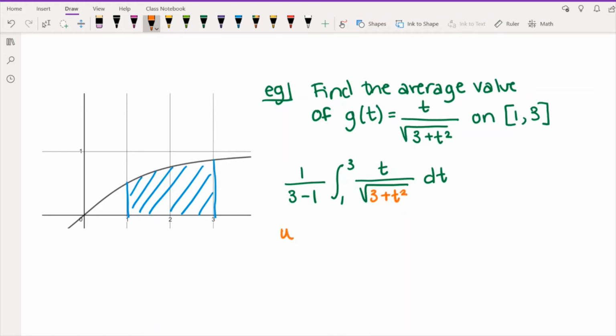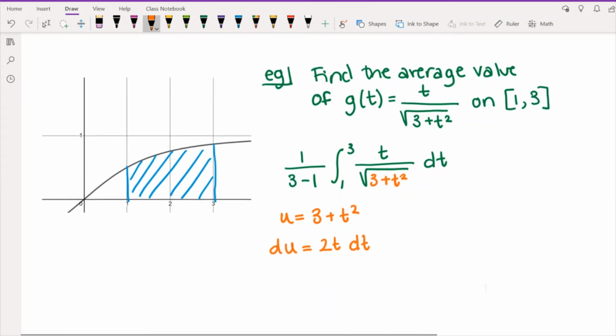So if we let u equal 3 plus t squared, well then when we take the derivative, we get du is equal to 2t dt. And that's a good sign because notice that we have a t times dt. And so 2t dt is very, very close. Basically, we're just going to end up dividing by 2. There's going to be an extra factor of 2 in the denominator.